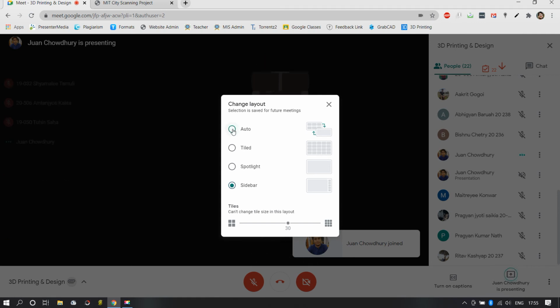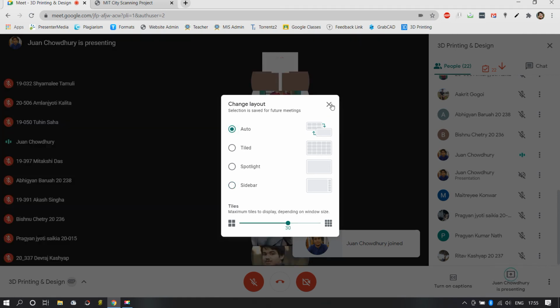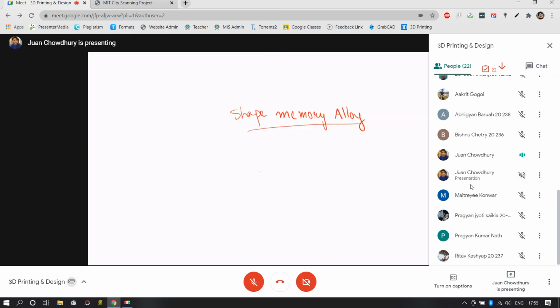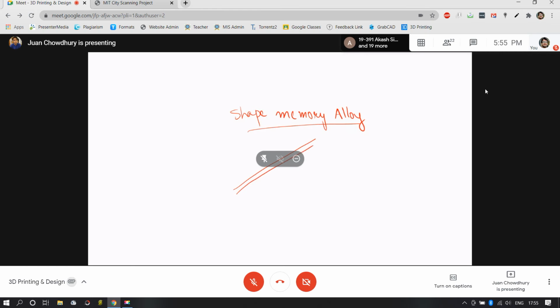Shape memory alloy. In a nutshell, if you have a certain structure, this structure will keep its shape if its chemical, mechanical, as well as thermal energies are in equilibrium.